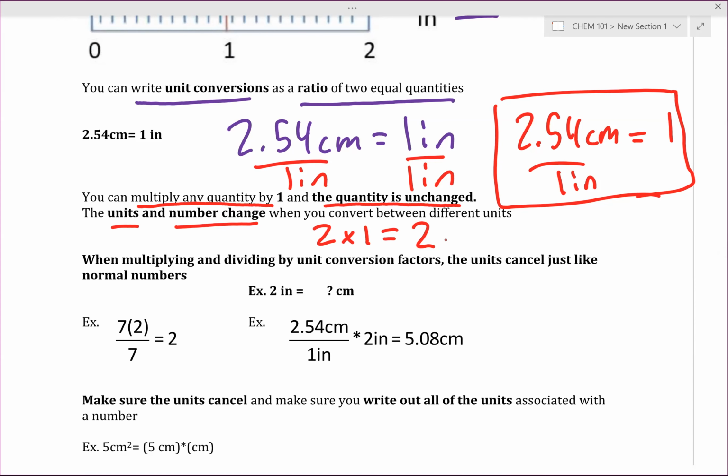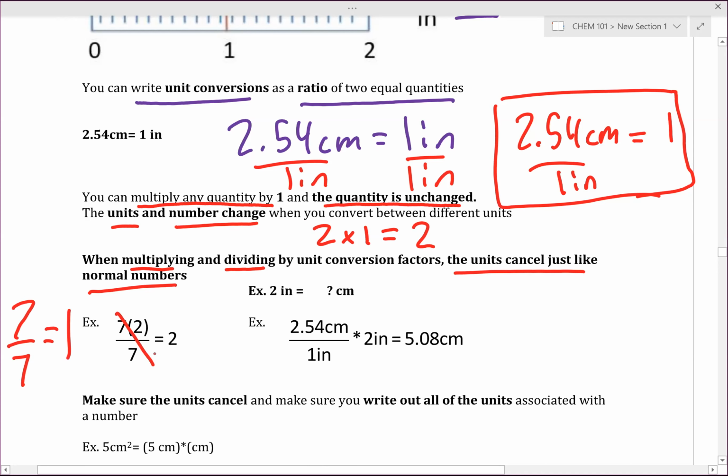Now, just as a side note, when multiplying and dividing, the units cancel just like normal numbers, right? So if you have 7 times 2 over 7, we have 2 quantities that are the same on the top and bottom of our dividing line. So we all know what's 7 divided by 7? 1, right? They cancel. Likewise, if we have 2.54 centimeters per inch, if we have inches over inch, how do we handle 2 equal quantities?